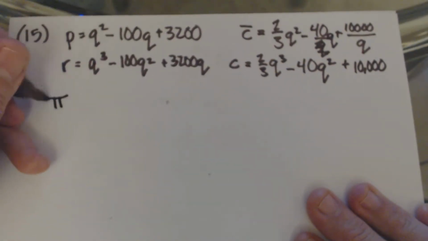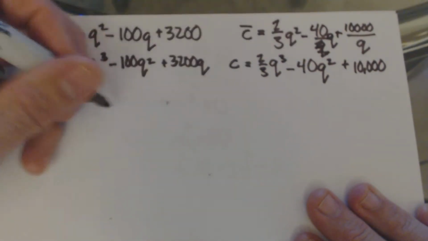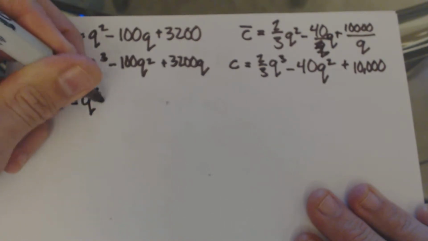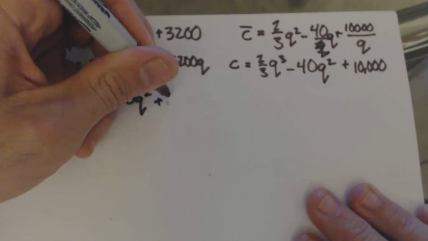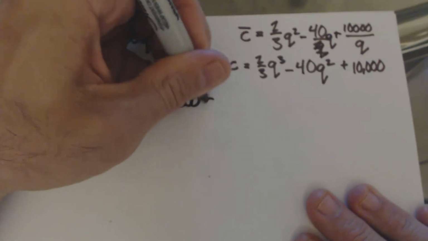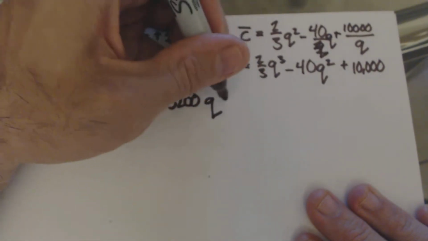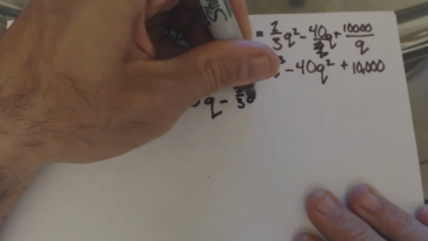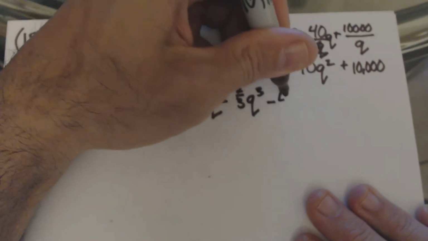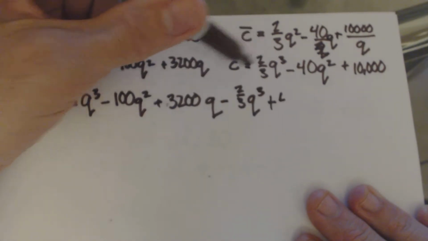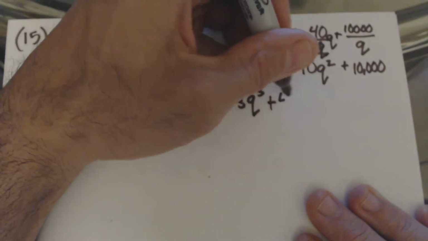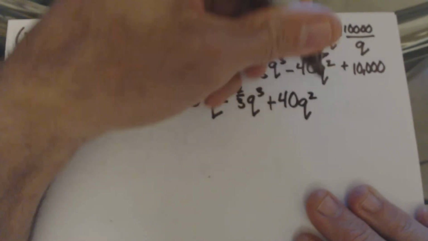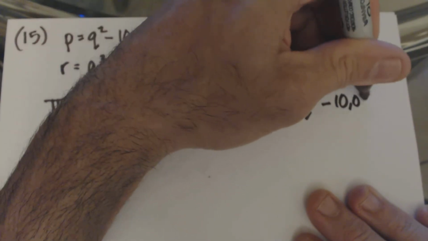Alright, so profit is going to equal revenue minus costs. Q cubed minus 100Q squared plus 3,200Q minus 2/3 Q cubed minus, so we're subtracting this entire function, so minus negative 40 is plus 40Q squared minus 10,000.